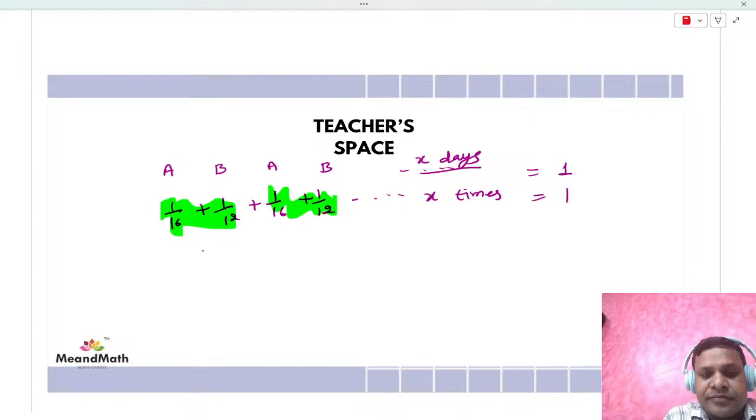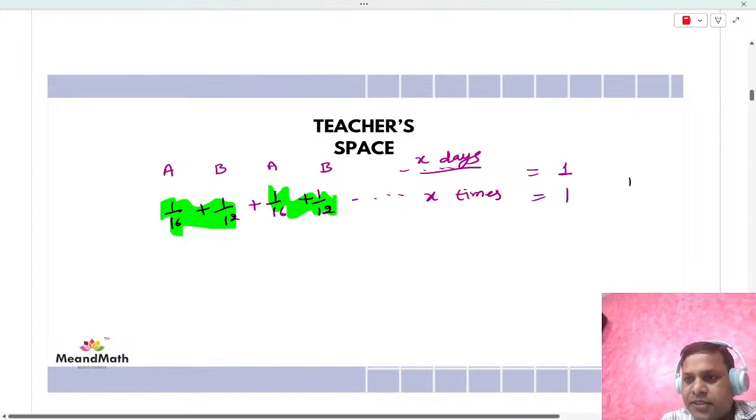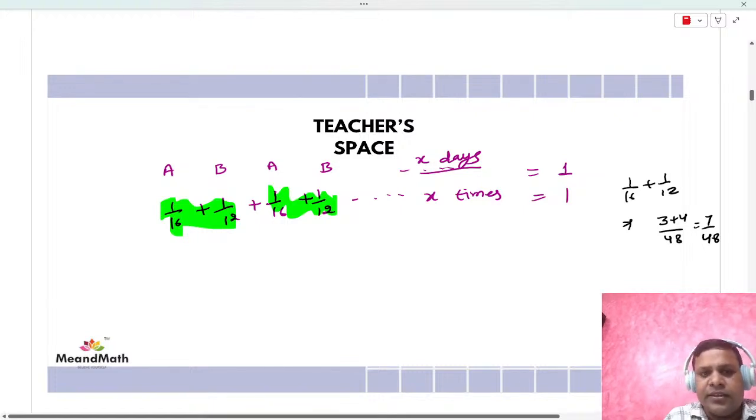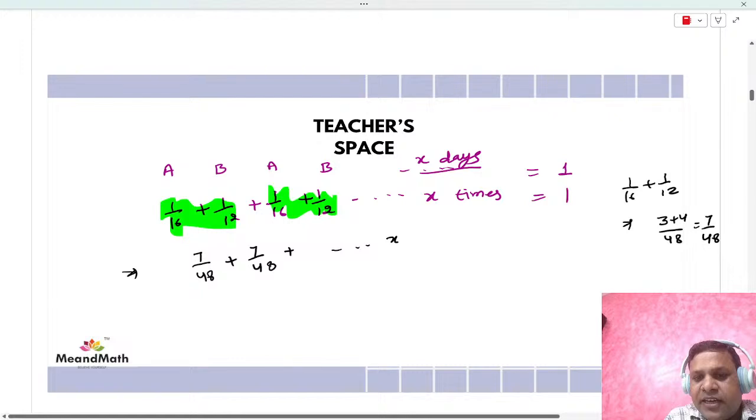Let me solve here. 1 upon 16 plus 1 upon 12, 48 is the LCM, 3 plus 4, 7 upon 48. So can I write 7 upon 48 plus 7 upon 48, how many times? X upon 2 times.